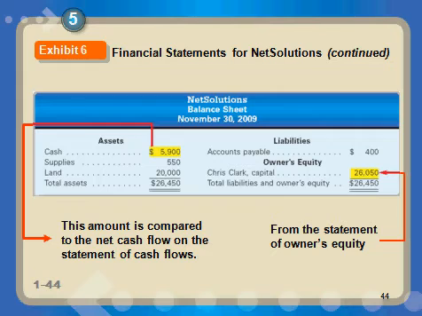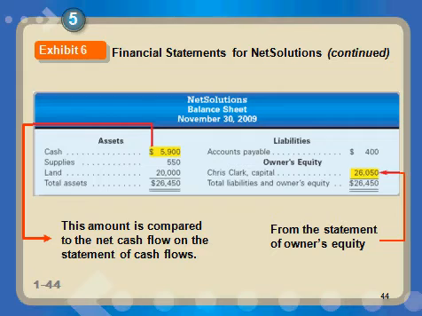And so on the left, we list our assets. If we go back to page 14, where we listed all of our transactions, we see under assets we had cash, supplies, and land. So we put the word assets centered over this section on the left, and we list the account names, cash, supplies, land, and then in the column on the right we list the amounts. $5,900 for cash, $550 for supplies.